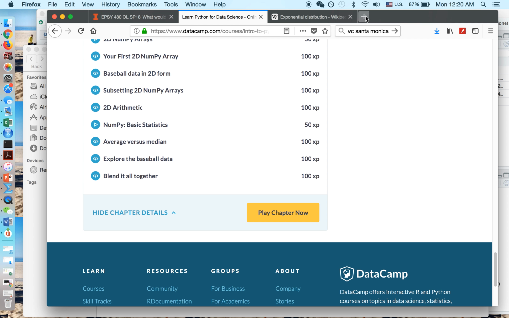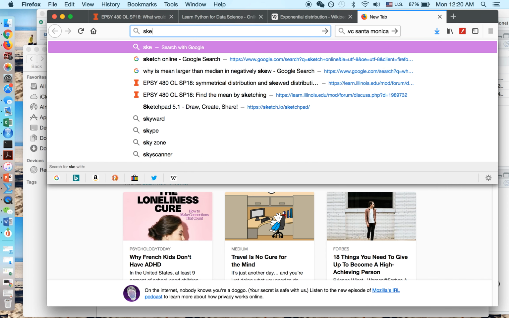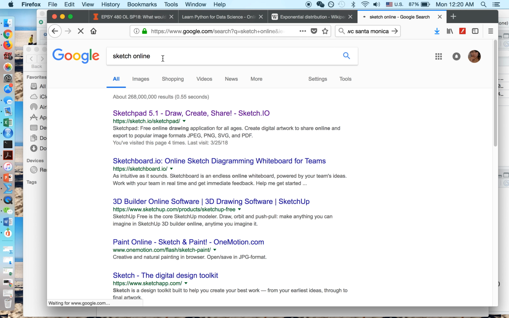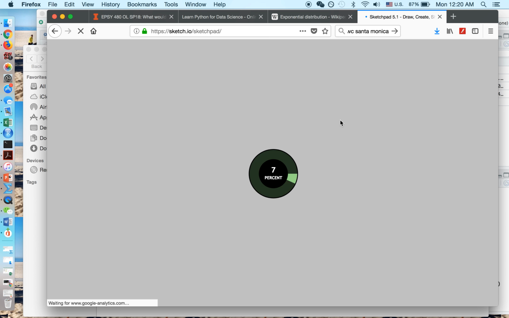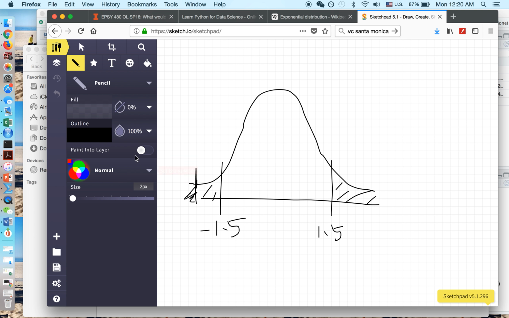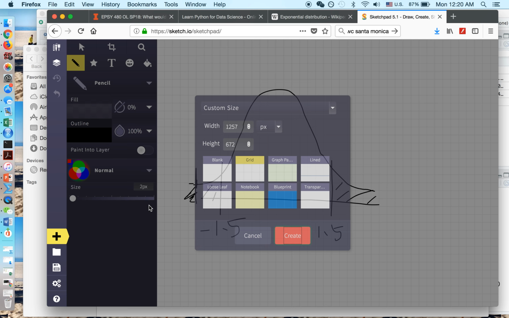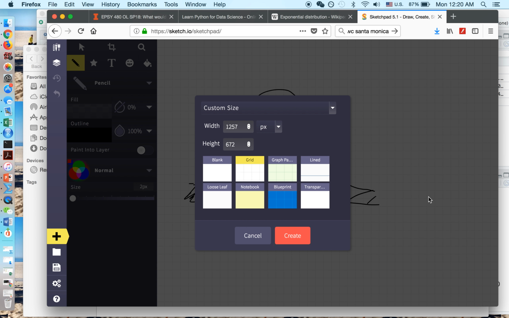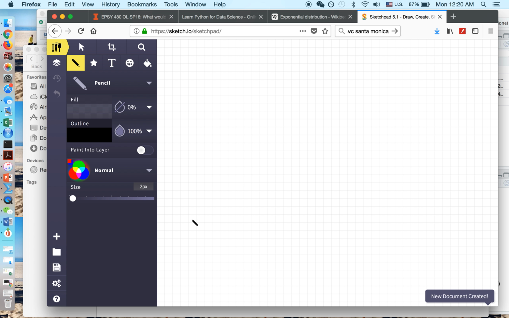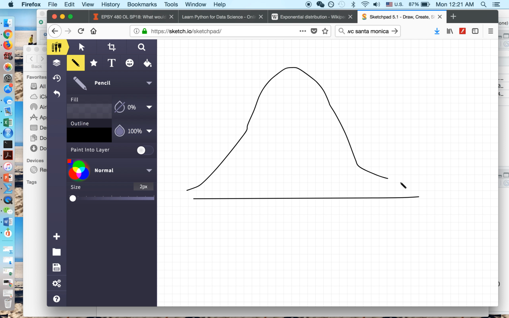Let's sketch this out. Obviously I cannot draw a straight line. So let's imagine this is your sampling distribution when your sample size is 4, right?